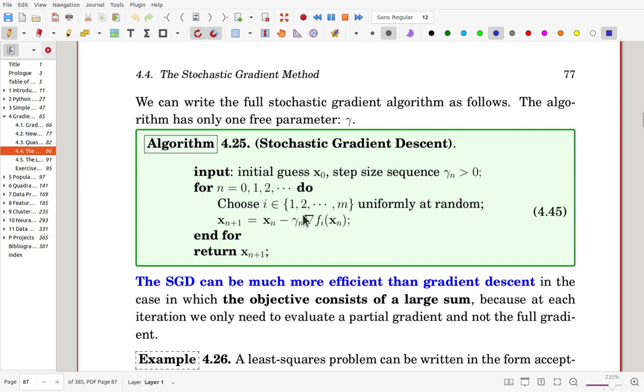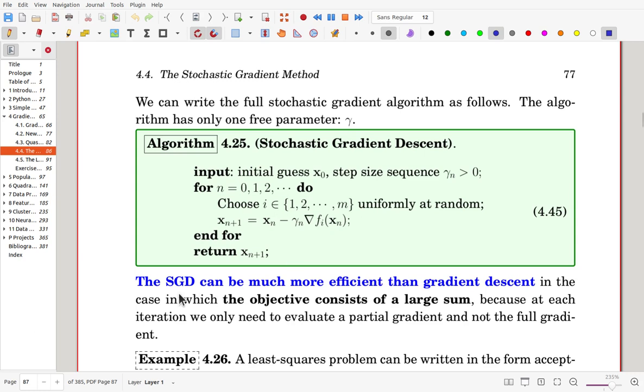And rather than the full gradient, we use the gradient of one component, negated and scaled by gamma n, and it is added to the iterate to get the new one. So that's the stochastic gradient method.